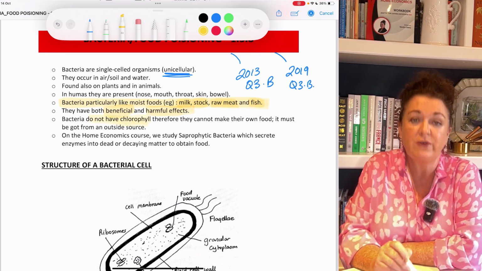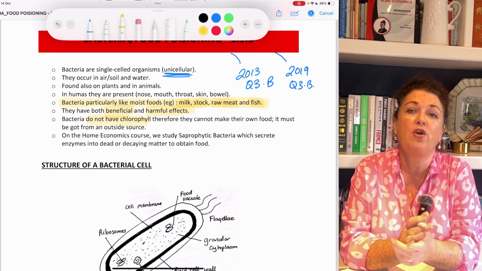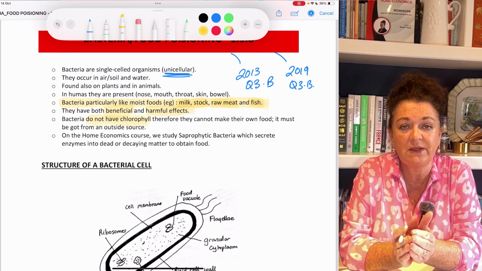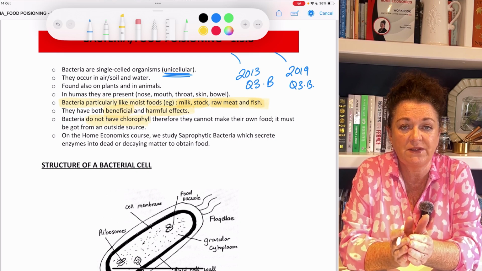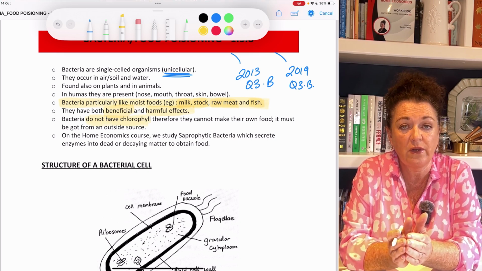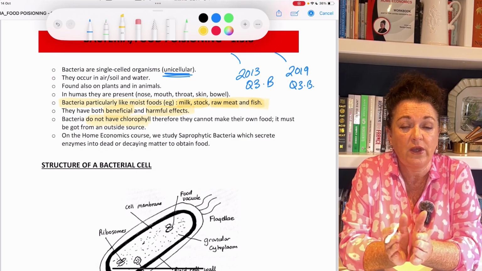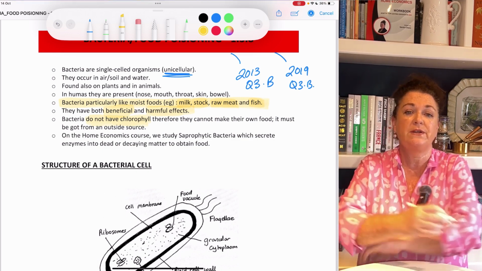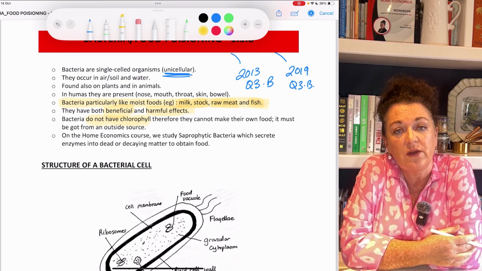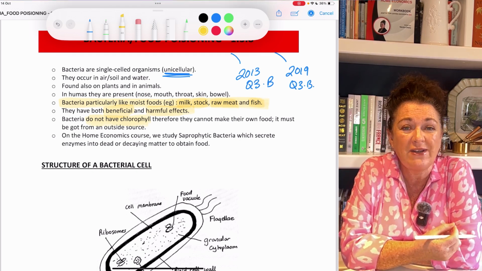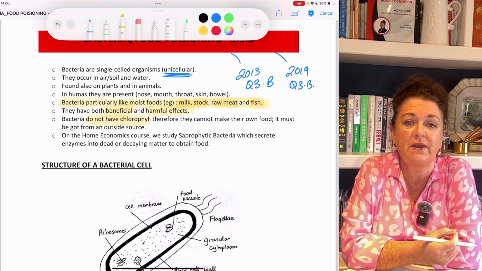Now we know from our study of carbohydrates, in order for food to be made and photosynthesis to take place, chlorophyll needs to be present. However, like humans, bacteria do not have chlorophyll, therefore cannot make their own food, so the food has to come from an outside source. Now that outside source can either be what we call parasitic or saprophytic.